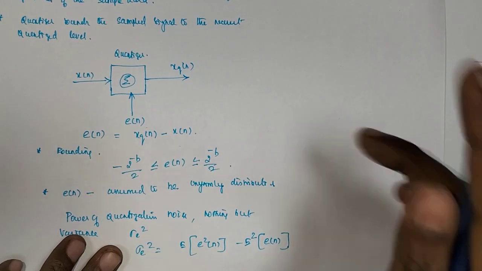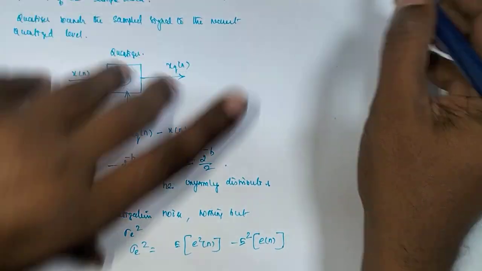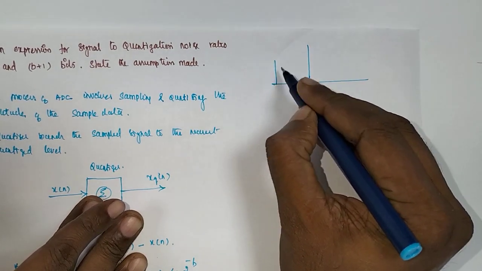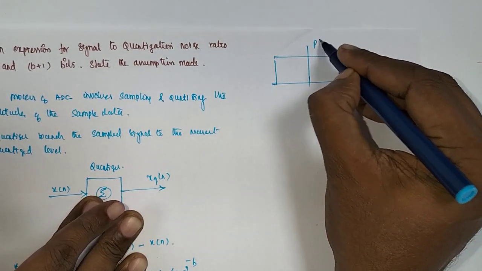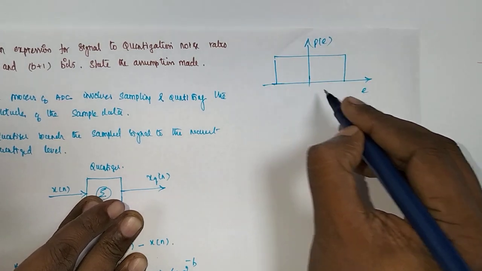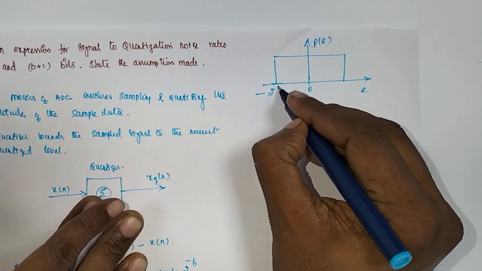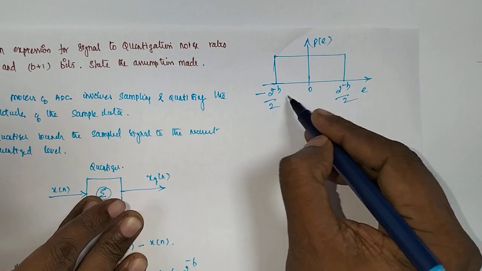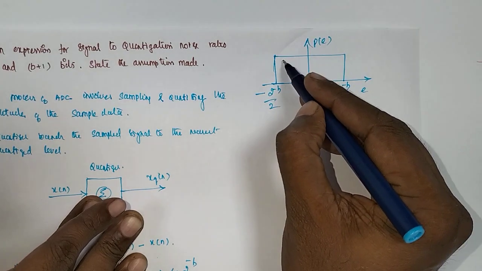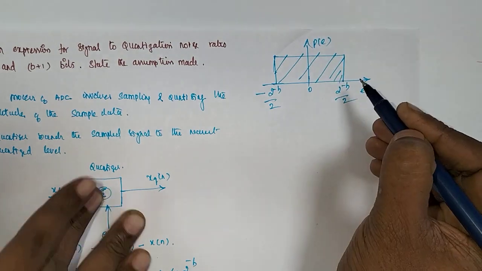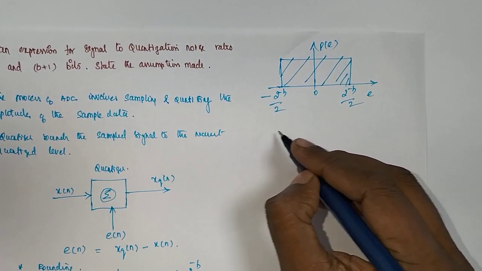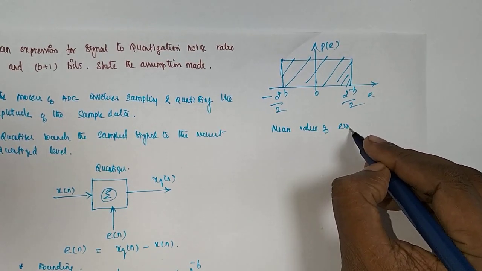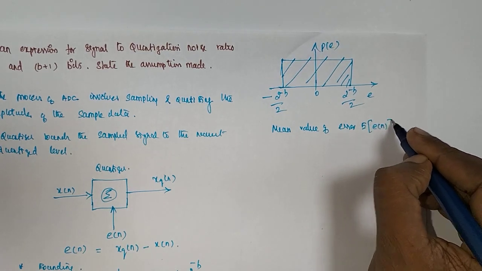Here, when you see the distribution of the error between minus 2 power minus b by 2 and 2 power minus b by 2, what is the mean value of this region? The mean value is 0. So the mean value of the error e of n is equal to 0.